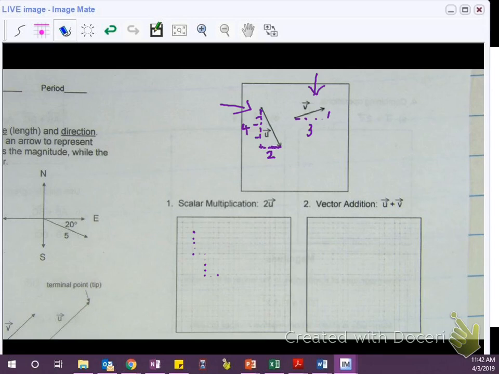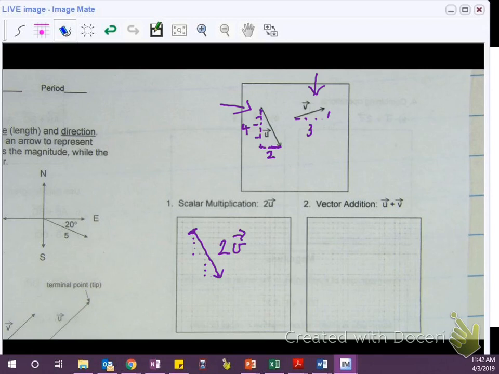So my resultant vector is here. So this is 2. Okay, you ladies need to be getting this on your paper. Okay. So twice u is to just draw u twice. So I went down 4 and over 2 twice. So that's 2u.